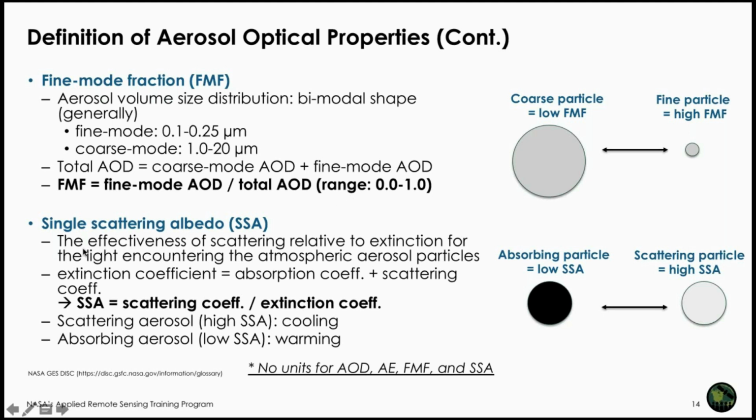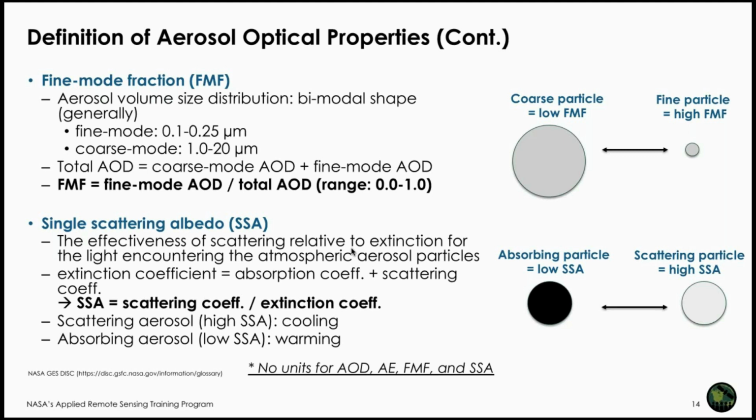The last one is the single scattering albedo. The single scattering albedo is the effectiveness of scattering relative to extinction. If light meets an aerosol particle, the light is scattered or absorbed. The absorption coefficient plus the scattering coefficient means the extinction.